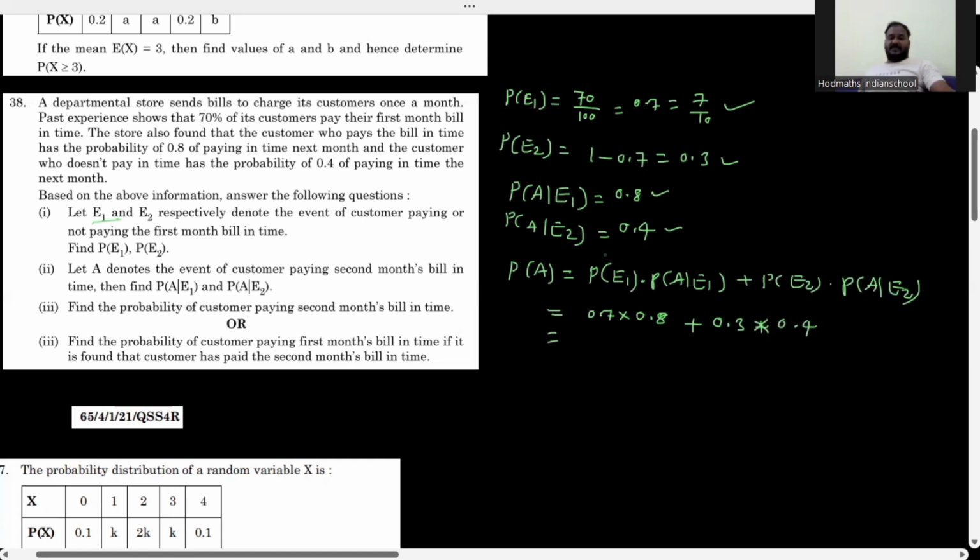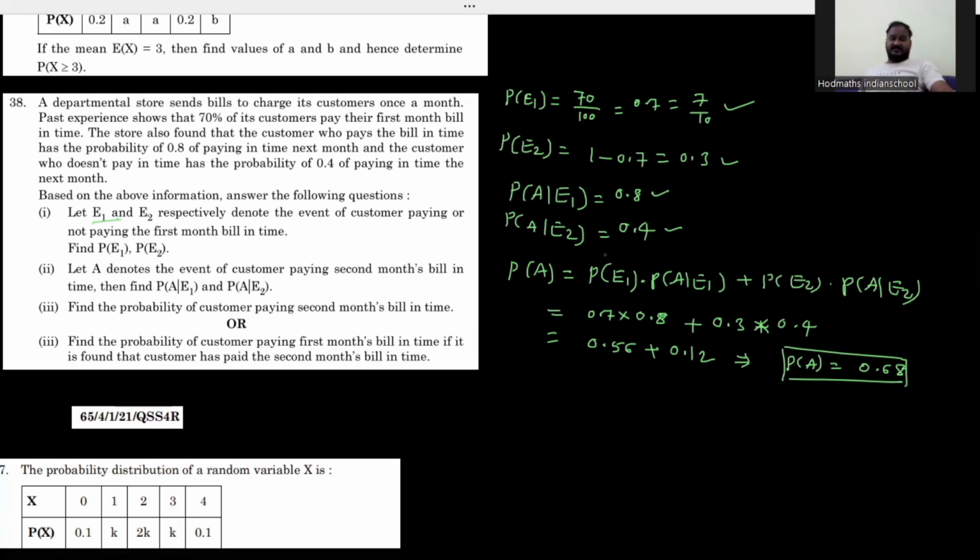Now when you simplify, 7 8s are 56, so 0.56, plus 3 4s are 12, so 0.12. When you add both of them, what do you get? Probability of A is equal to 56 plus 12, which is 68. So probability of A is equal to 0.68. So this way we can answer the third problem, first bit. And what is the second bit given here?